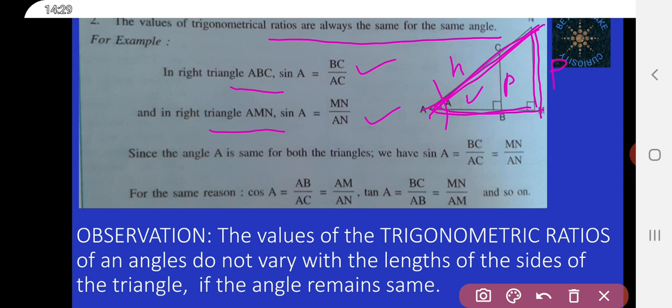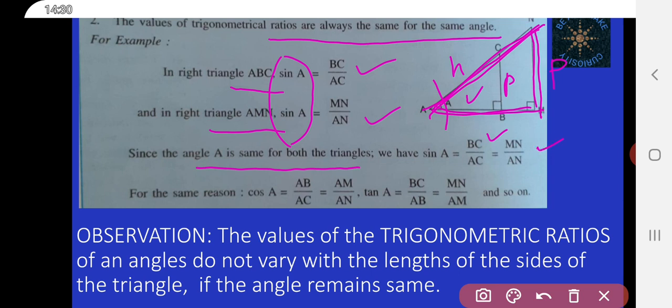Now you see sin A left side equal, so we can write right sides are also equal. Since the angle A is same for both the triangles, we have sin A equal to BC by AC is equal to MN by AN.